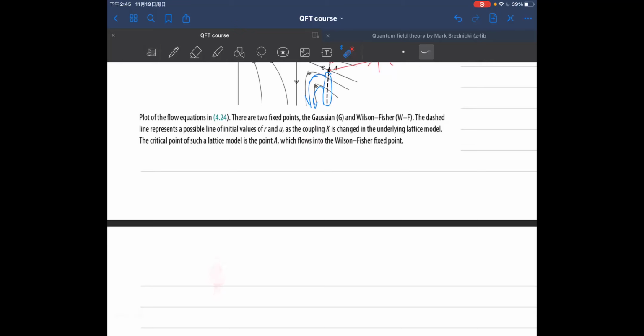It is a little different from the formal discussion. That is d minus 2 plus eta over 2. Why do we require it? Why does the anomalous dimension appear?